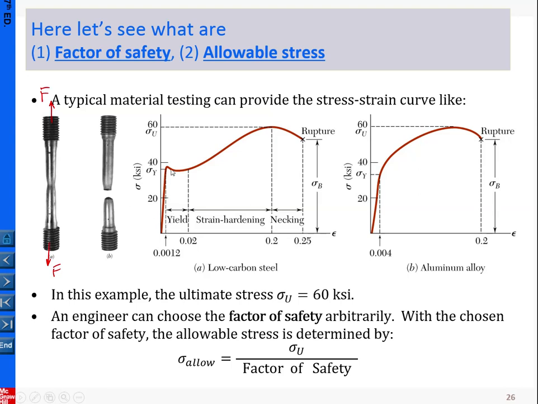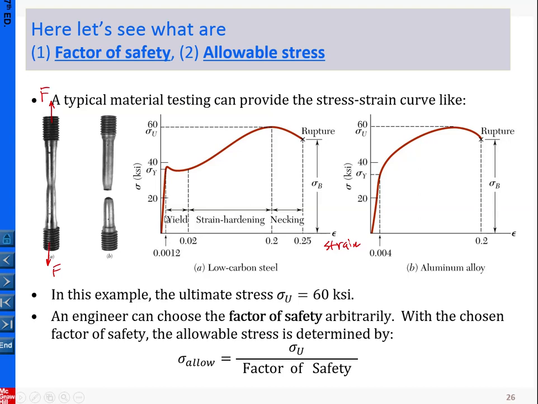During the loading process, we divide F by the original cross-sectional area to get the stress. And we can measure the deformation or displacement between two points, and from there we can obtain what we call the strain, which will be detailed in chapter 2.